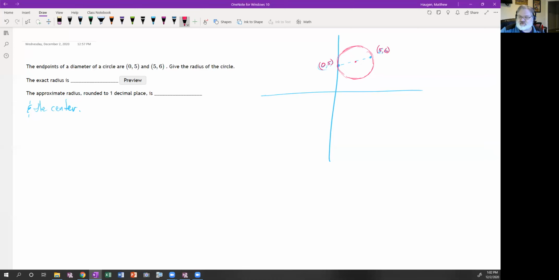So what's your plan? Maybe use the distance formula. Okay. So if we use the distance formula to find the distance between those 2 points, that'll be the diameter, not the radius, but we could divide that by 2, right?